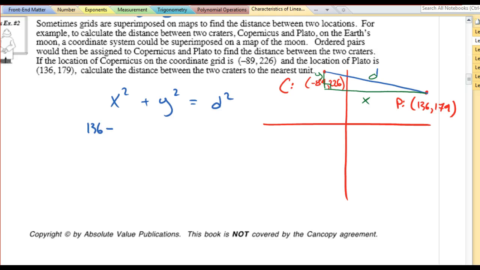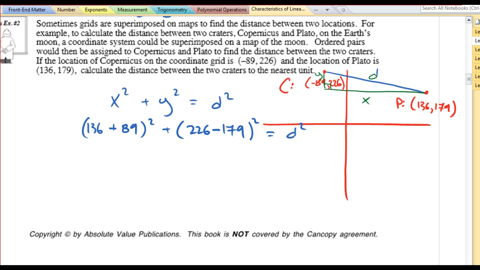I'm going to stop doing these minus things again because I know it's going to be a plus now. I've done so many. 89 squared plus 226 minus 179. And this one is obviously minus because it's not a negative, equals d squared.